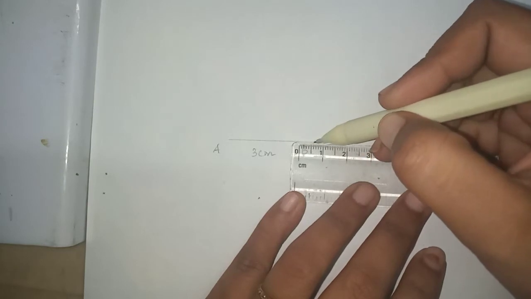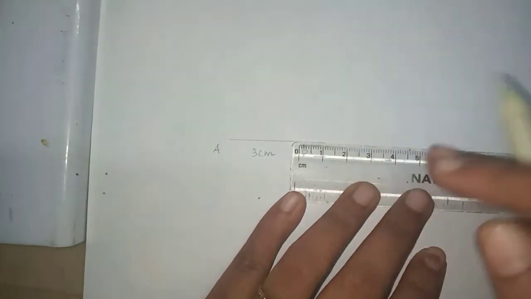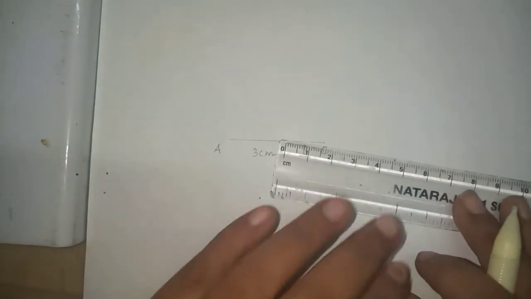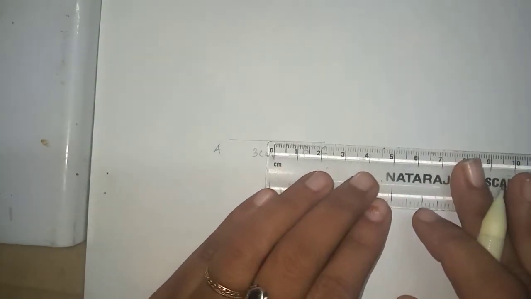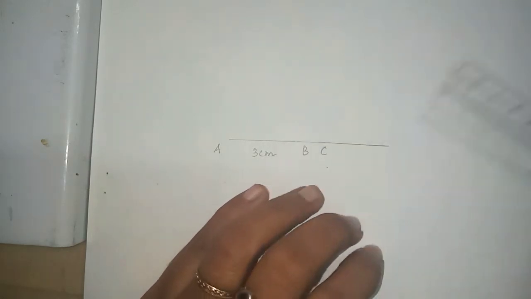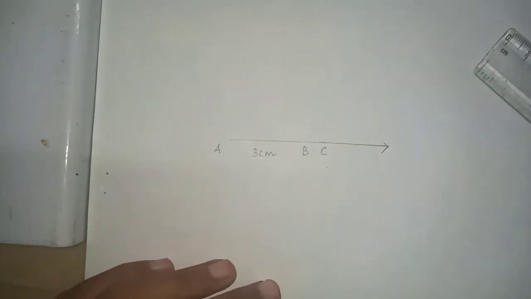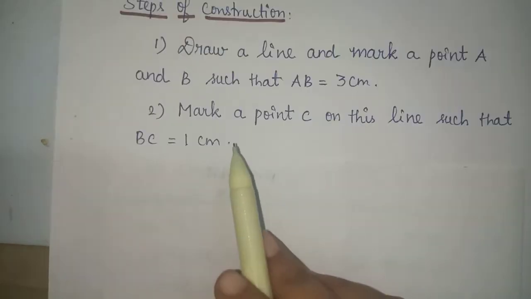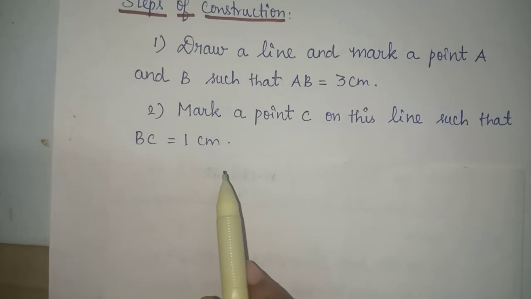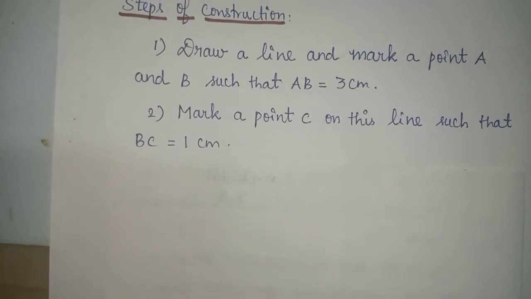So B to C is 1 centimeter and mark this point as C. Then you just extend the line and end with an arrow mark. So mark a point C on the line such that BC is equal to 1 centimeter. This is the second step.